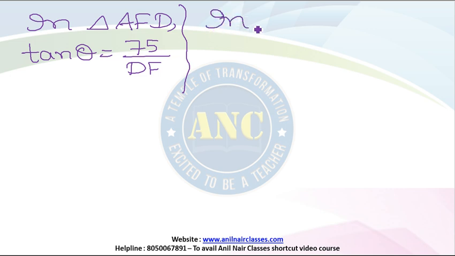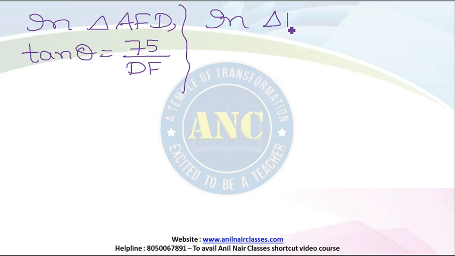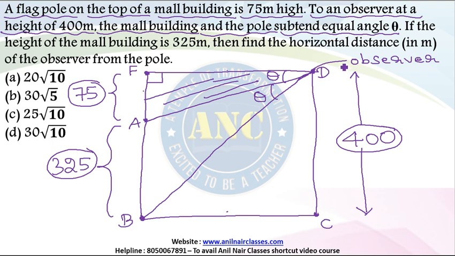Similarly, there is another triangle. Which is the triangle? The triangle is triangle DFB. This bigger triangle is also a right angle triangle. In triangle DFB, the angle for this triangle is this entire angle, which is nothing but theta plus theta. The angle is 2 theta.